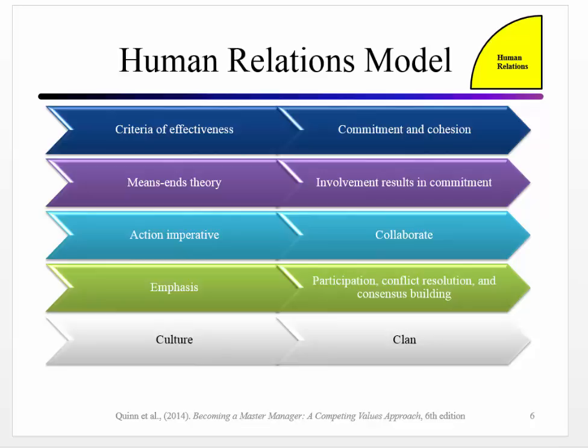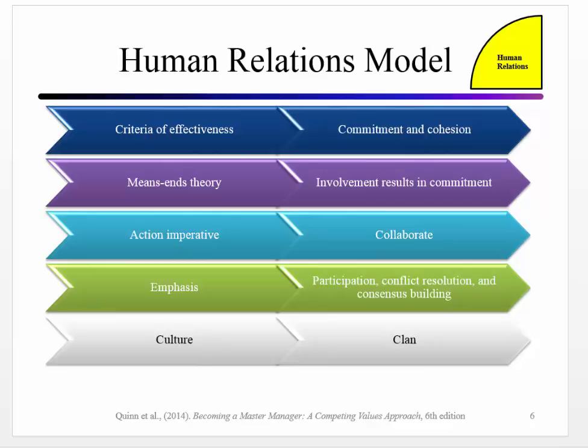So you really want to make sure that people deal effectively with conflict, which is inevitable with every model that we're going to look at. But we want to make sure here particularly that conflict is resolved in a healthy, positive way that contributes to collaboration and consensus building. And participation is really, really important.